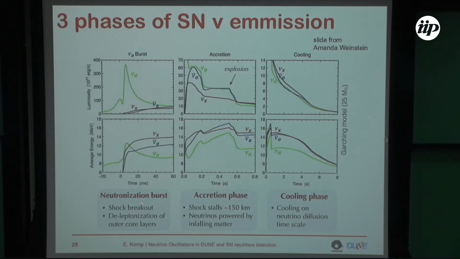This is for the gravitational collapse, and when the shock starts to propagate outside. So you have the accretion phase, in which the matter still falls down inside the core, and the shock wave is still fighting against the matter that is falling down onto the stellar core.